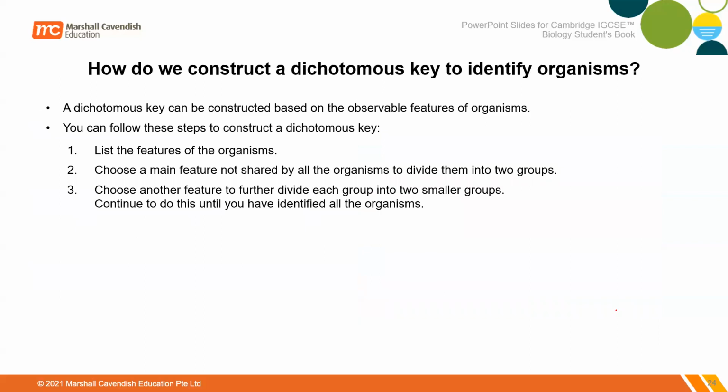Yes, we can construct a key based on the observable features of organisms. So if you are asked to construct a key, you will check all of the characteristics that you have, and how you could write the characteristics in your question, and we will practice on this.